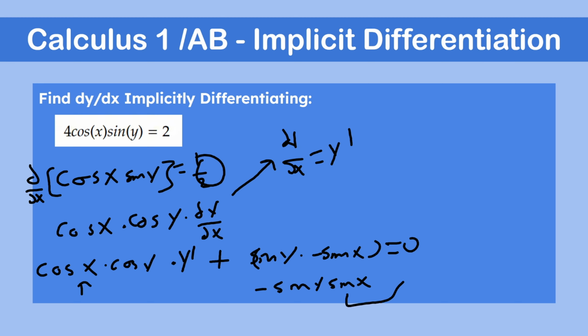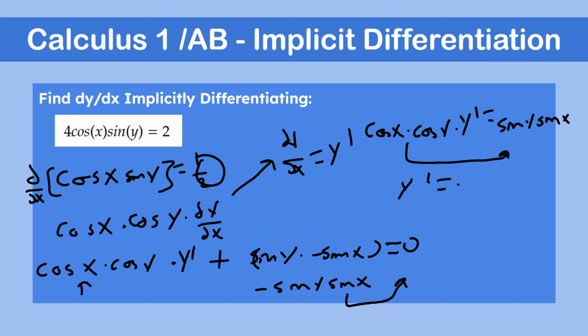We can move this to the 0 side, and now you have cosine x multiplied by cosine y multiplied by y prime is equal to sine y sine x. We can divide by cosine x and divide by cosine y. So that's going to be equal to tangent y multiplied by tangent x, and that's going to be our answer.